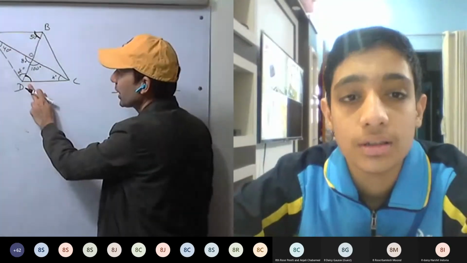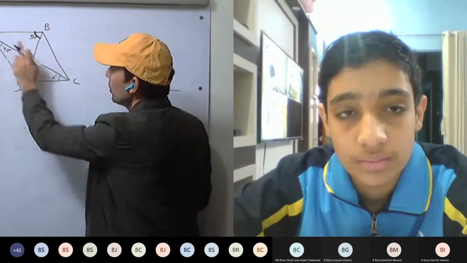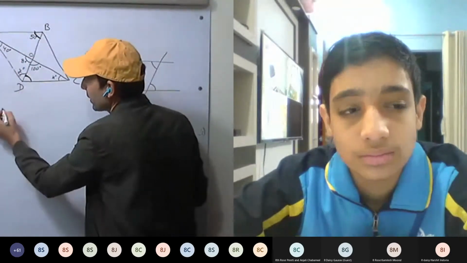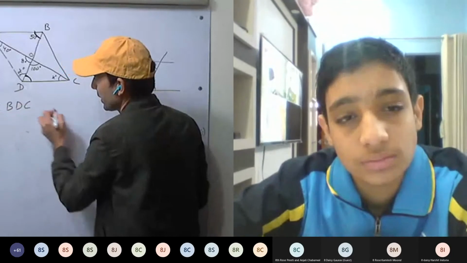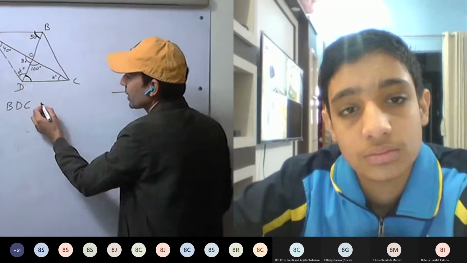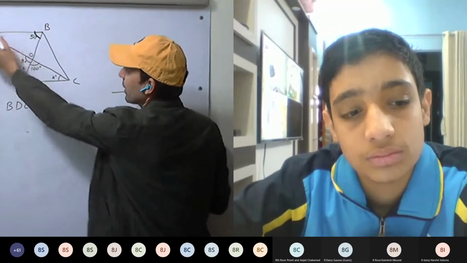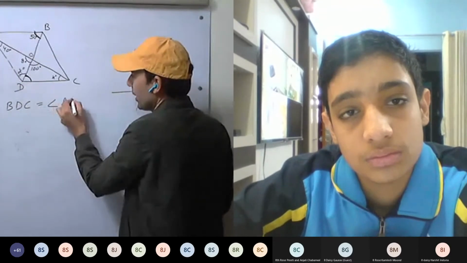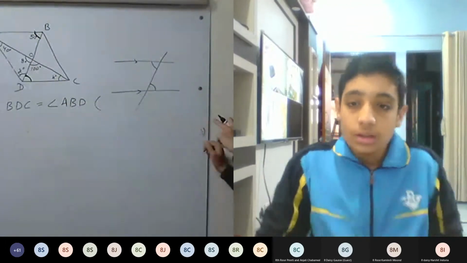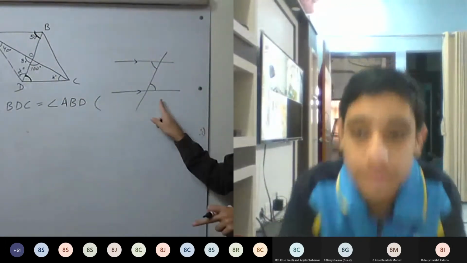And what name can we give to this angle? Angle BDC. This angle is angle BDC. It is equal to how much? Angle ABD, because these are alternate interior angles.